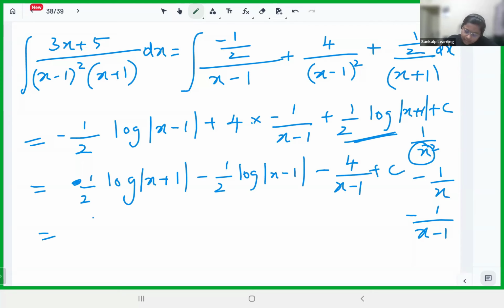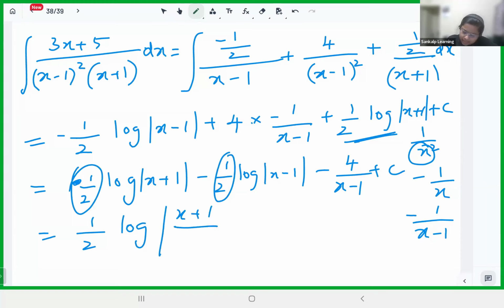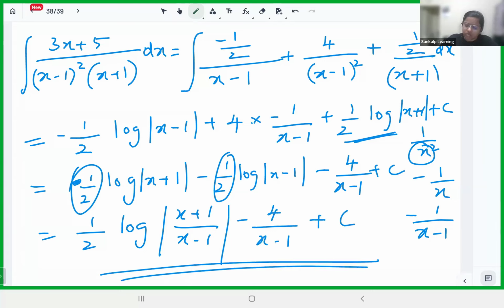Here 1 by 2 is common, so we can take it outside: log mod x plus 1 by x minus 1, using the property log a minus log b is log a by b. So this is minus 4 by x minus 1 plus c. This is the answer of that particular question.